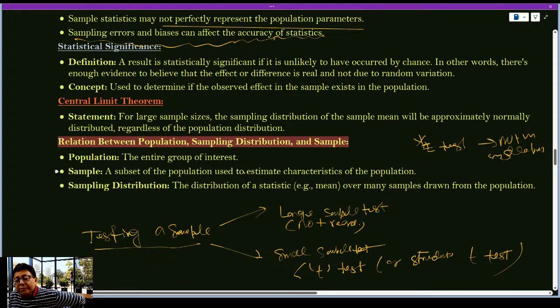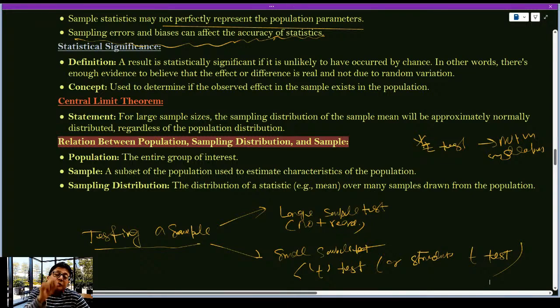It was discovered by William Gosset. Okay, the year I don't remember. But testing a sample by using the t-distribution is the most important topic. Why?